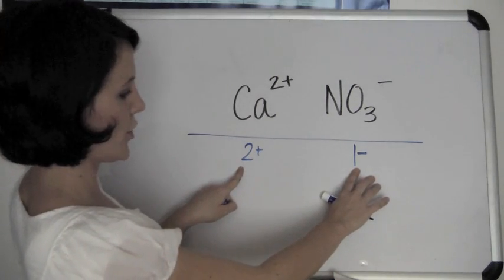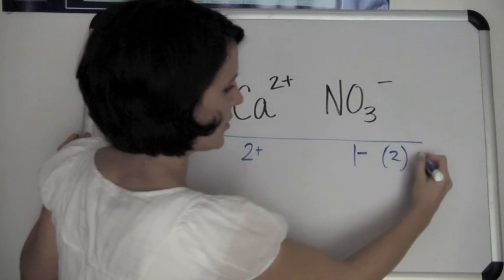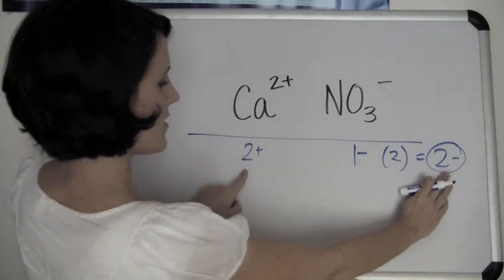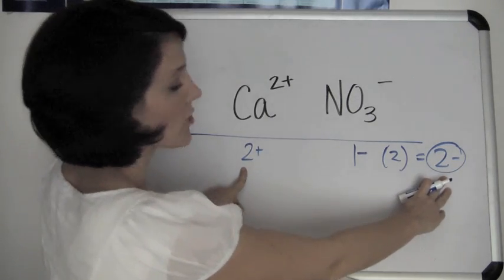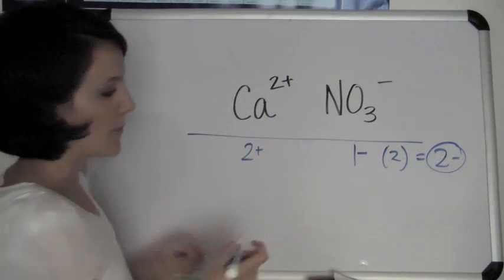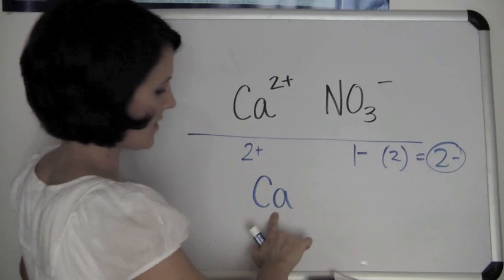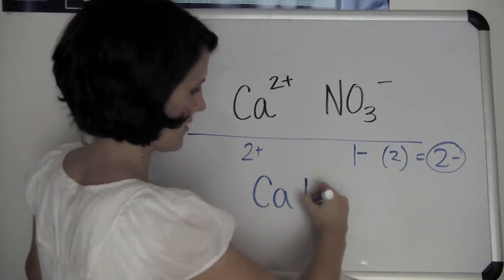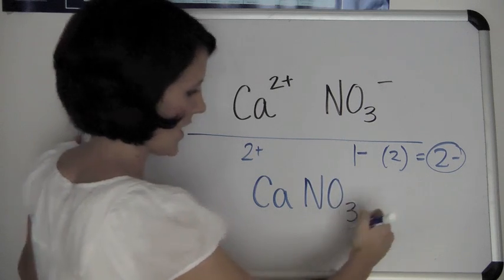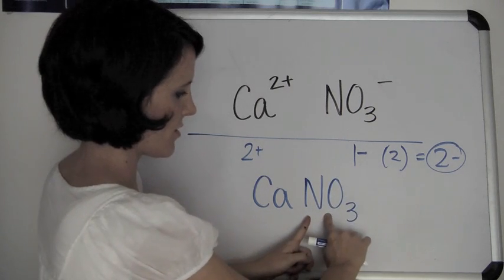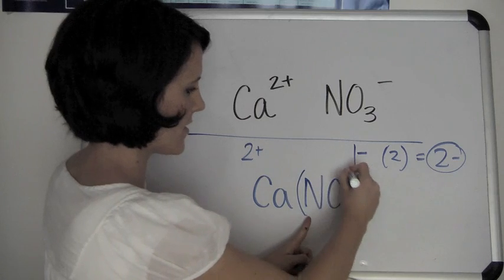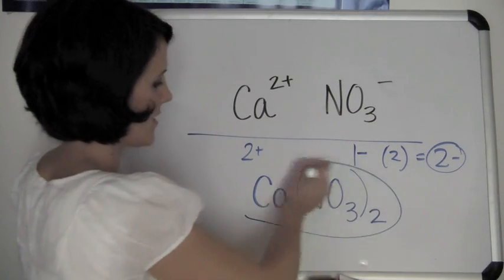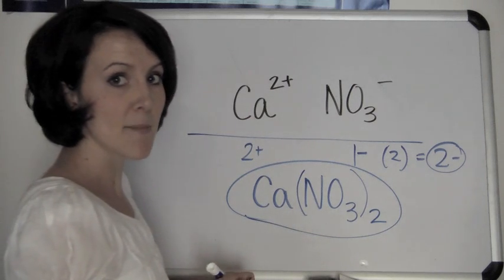The least common multiple is 2. I multiply this by 2 to give me a -2 value. Comparing these, that is a net 0 charge. So what is my chemical formula? I have 1 calcium and I have 2 nitrates. How am I going to write 2 of those? I'm going to put a parentheses and put 2 right there. That is my chemical formula for calcium nitrate.